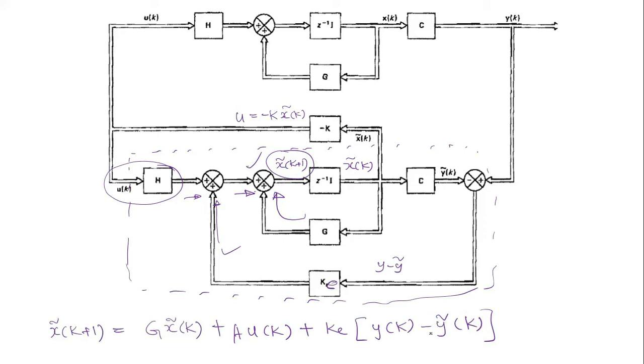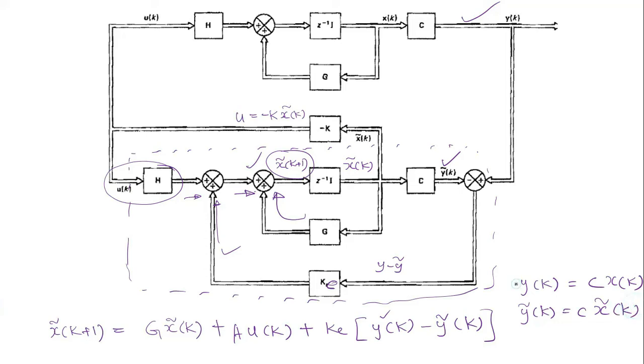Okay, and what is y of k? y of k is the actual output, and y of k in terms of x of k is y of k equal to c into x of k. Similarly, y tilde of k is equal to c into x tilde of k.